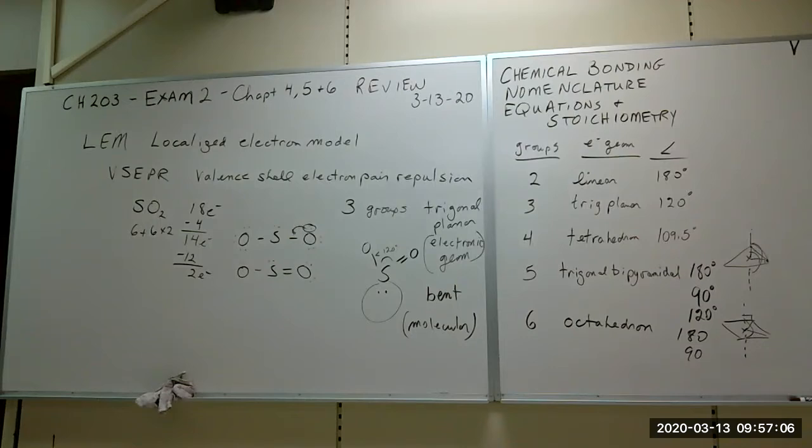Well, which one of these would you want to turn into a lone pair to make them as far apart as possible? I'm going to get rid of one of these on the trigonal, because it keeps this one and that one still far apart, and these guys are as far as you can get them. So what does that give you? Turn it like this. It's a seesaw. So one lone pair in a trigonal bipyramidal is a seesaw.